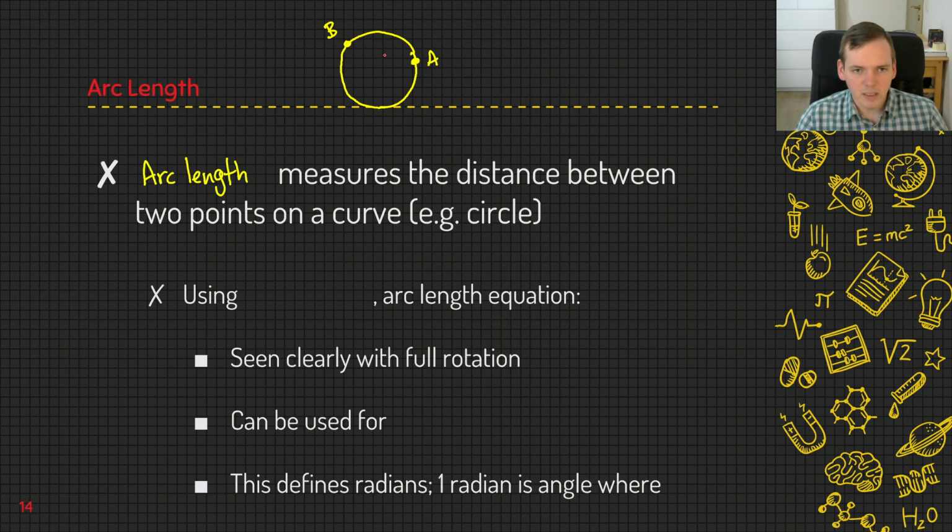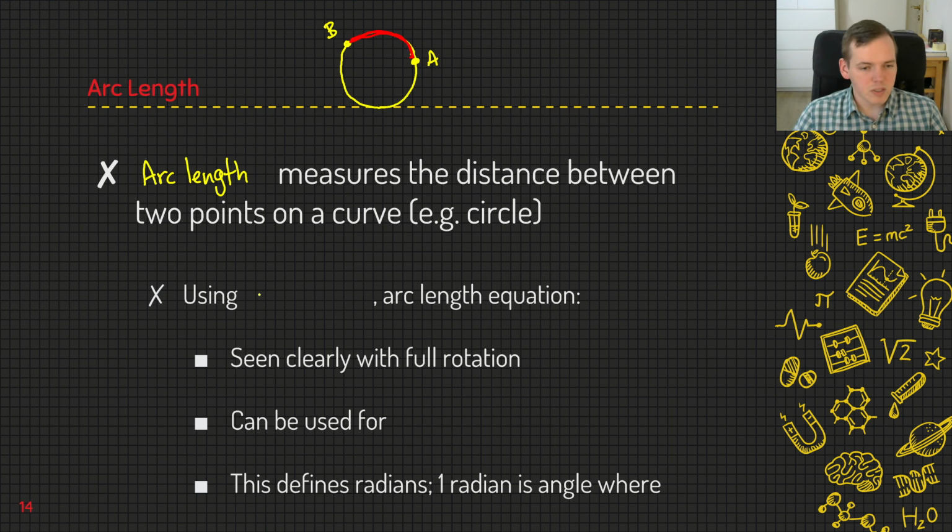Let's go with red. The length of this curve right here is the arc length. So it's not a straight line between A and B, it's along the curve. You can imagine if you wanted to measure that, you could lay out a string and then stretch it out and measure that. Or you could get a tape measure that bends and stretch it around.